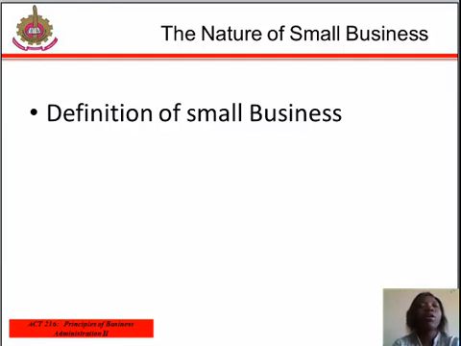The nature of small business. If you look around you, you will notice that a lot of micro businesses litter the Nigerian landscape. Here and there, you will spot barbering shops, meat shops, mechanical workshops, and others owned and operated by individuals.